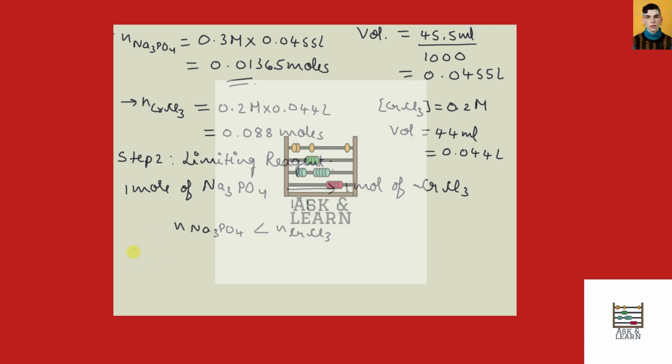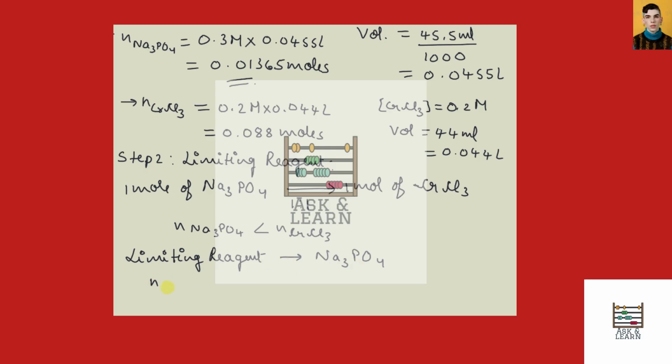So here the limiting reagent is the Na3PO4. So thus the amount of the precipitate produced will be equal to the number of moles of Na3PO4.